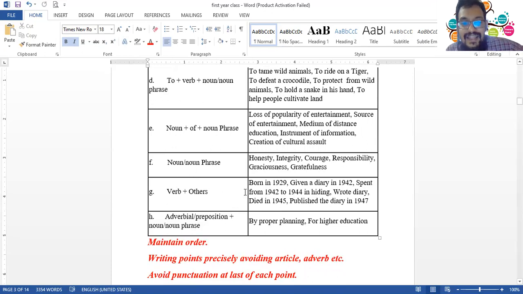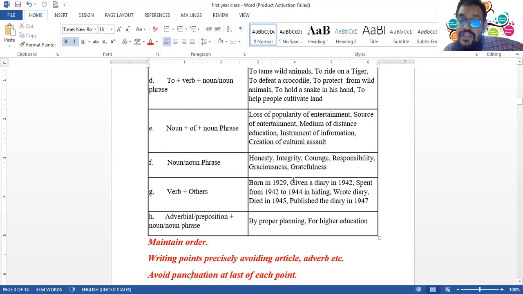Then verb plus others. Say, born in 1929. He was born in 1929, we cannot write. So we leave out was, then just the verb, passive or past participle form, plus the other information.